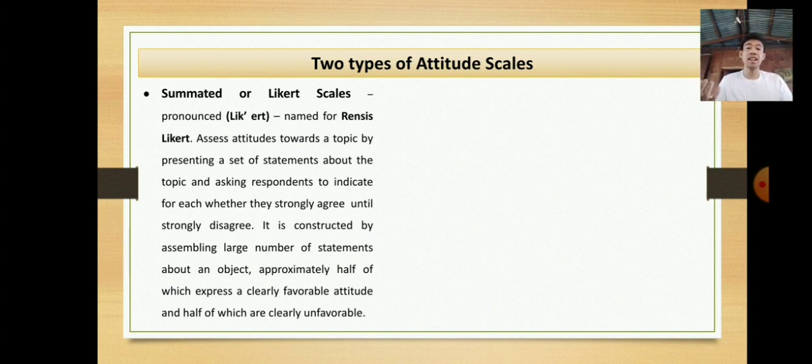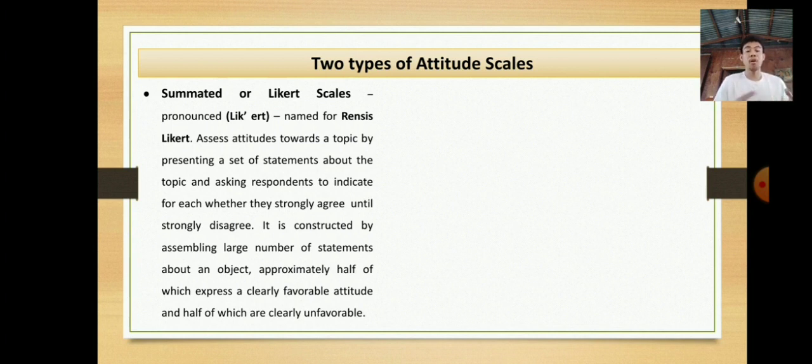Let's define Likert scale. It assesses attitudes toward a topic by presenting a set of statements about the topic and asking respondents to indicate for each whether they strongly agree, agree, undecided, disagree, or strongly disagree.